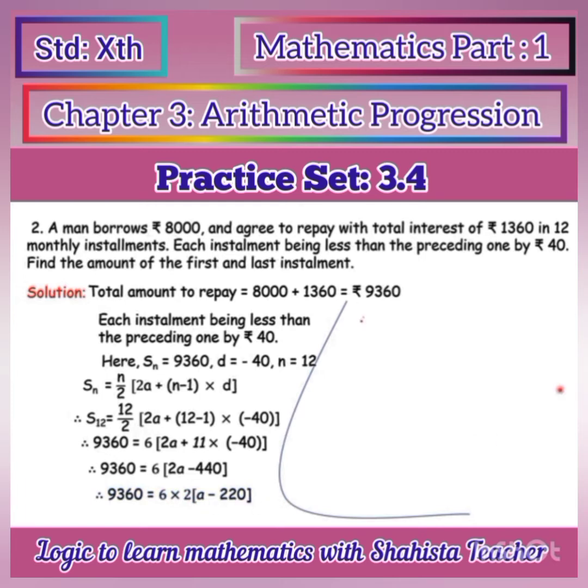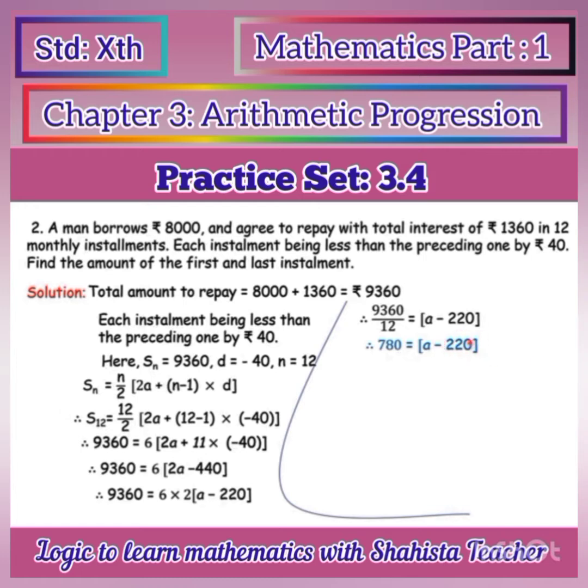So 9,360 upon, okay, this one, 12, because 6 2s are 12. So 6 2s are 12, and a minus 220. Inside the bracket we will write a minus 220. So now after dividing we get 9,360 upon 12 is 780 is equal to a minus 220.